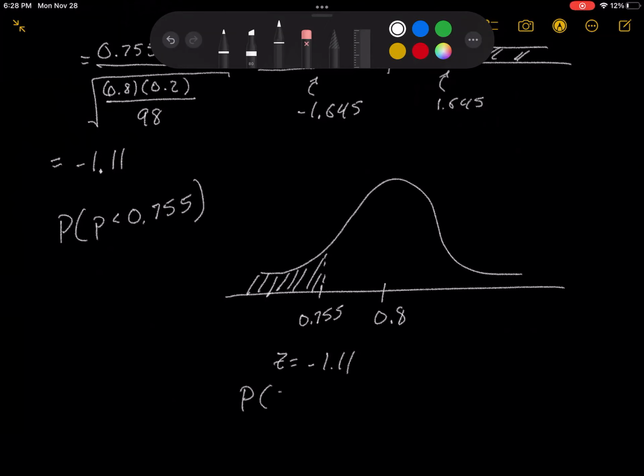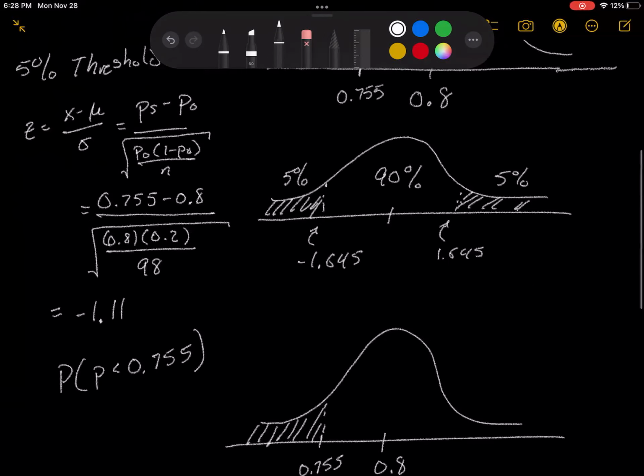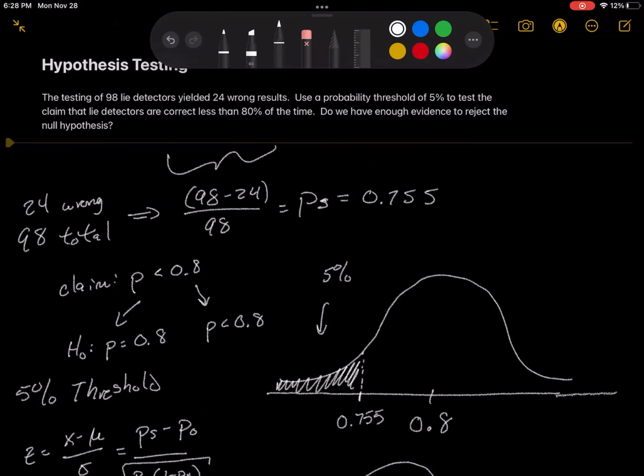So the probability of having a z-score less than minus 1.11, from your table, you find that that's 0.1335 or 13.35%. So it is greater than 5%. We would have been surprised at 5%. We didn't quite get there. So we cannot reject the null hypothesis. The proportion of correct lie detector results could be 0.8.